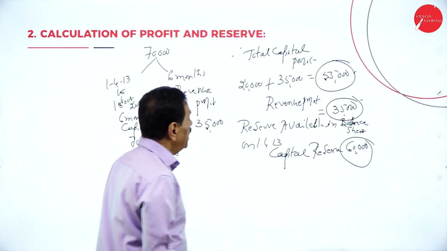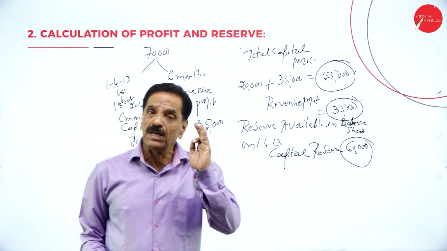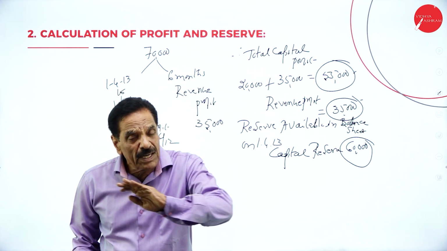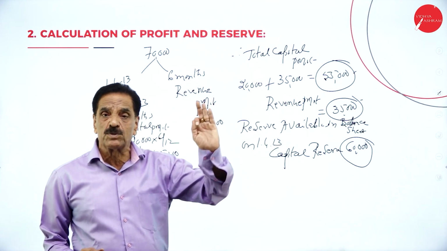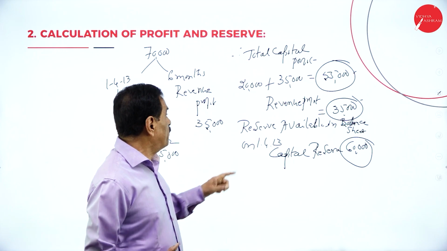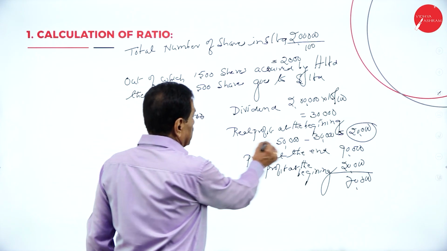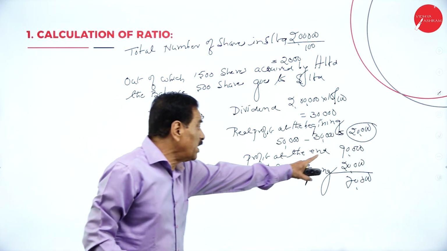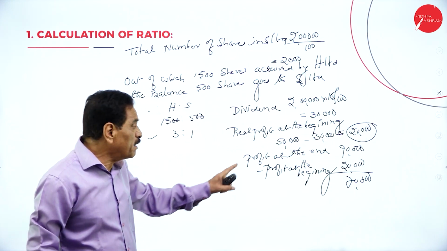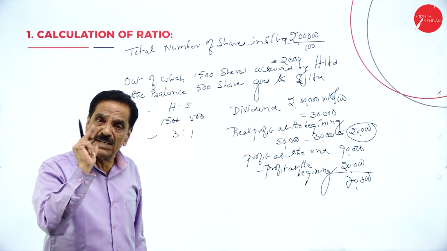We'll explain once again. The profit available in the adjustment is 50,000 before declaration of the dividend. Dividend has been declared on paid up capital of 2 lakh, which is 30,000. 50,000 minus 30,000 is 20,000 at the beginning of the year. At the end of the year, you got 90,000. At the beginning of the year, you got 20,000. Profit during the year is 70,000.